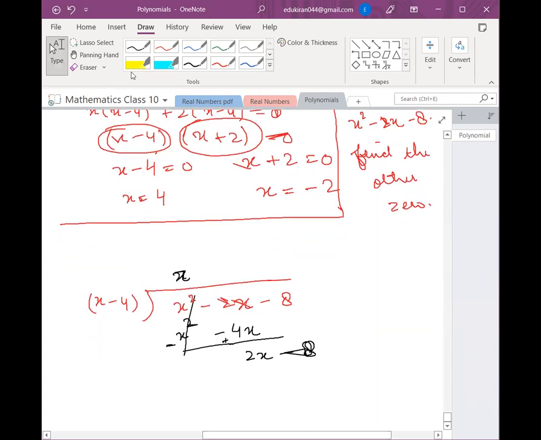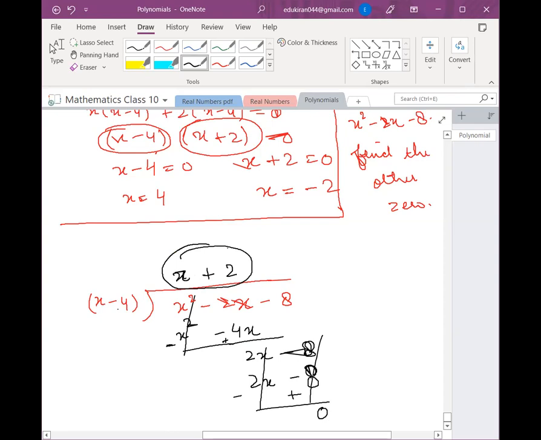Yes. Next I'll multiply it with 2. 2 into x is 2x and minus 4 into 2 is minus 8. Change the sign, minus and plus. So this will become 0, this will become 0. So I have got the other factor which is x plus 2. Clear?